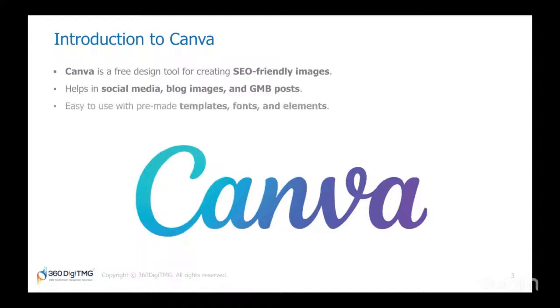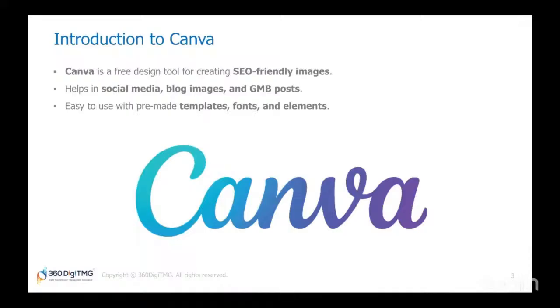In Canva, we have pre-made templates, fonts, and elements. You can choose a template and edit the designs with its help. It's simple, but we need to practice. Without practice, you cannot create stunning designs.